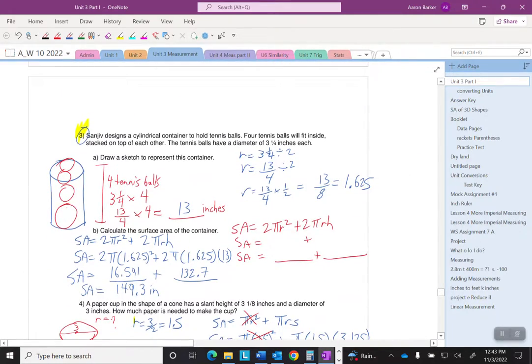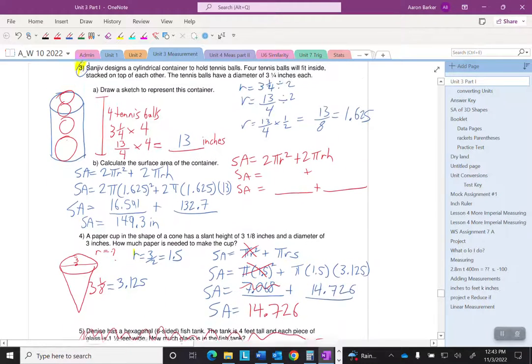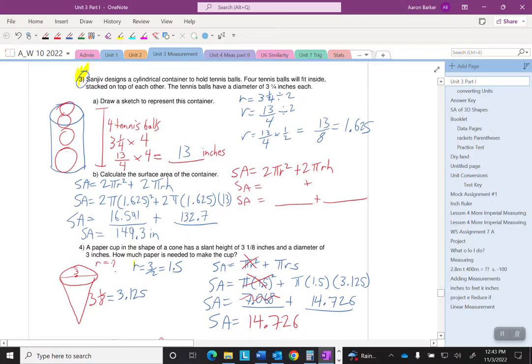Okay, and then number 3. So number 3, don't worry about the spheres on the inside. It's the cylinder that holds the spheres that we're worried about. Okay. So that's it. You have 4 questions. Plenty of time to get them done, but you got to work at them. You got to ask for help when you need help. Begin. Good luck. Enjoy.